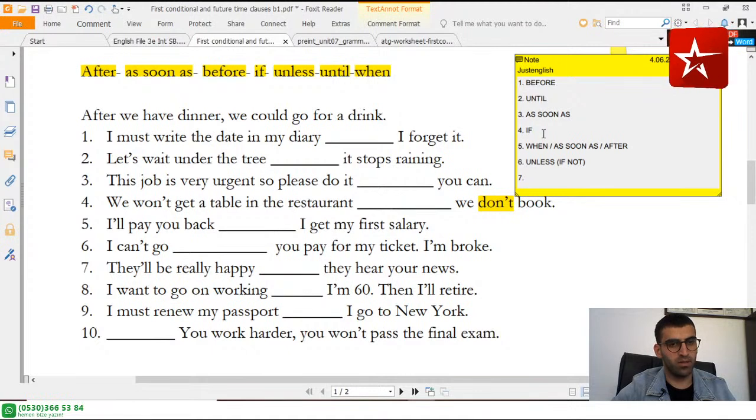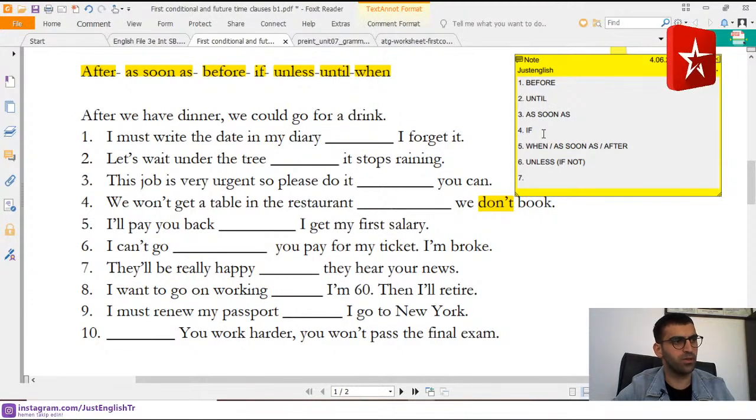Number 7, they will be really happy they hear your news. For number 7, when they hear your news, who else?